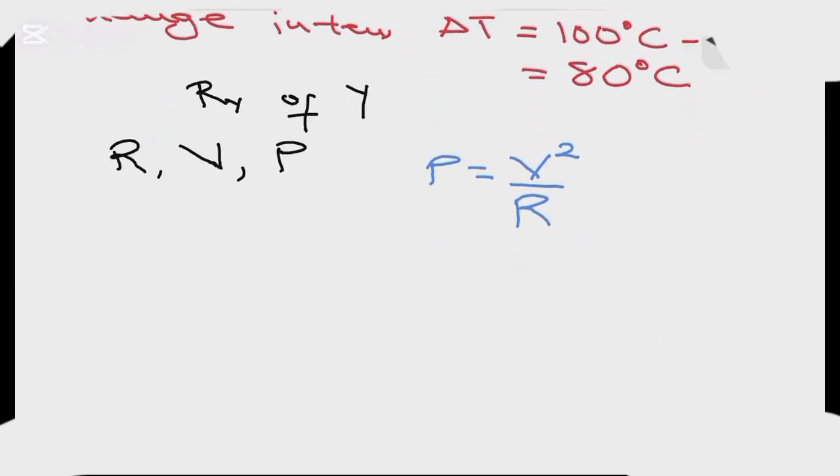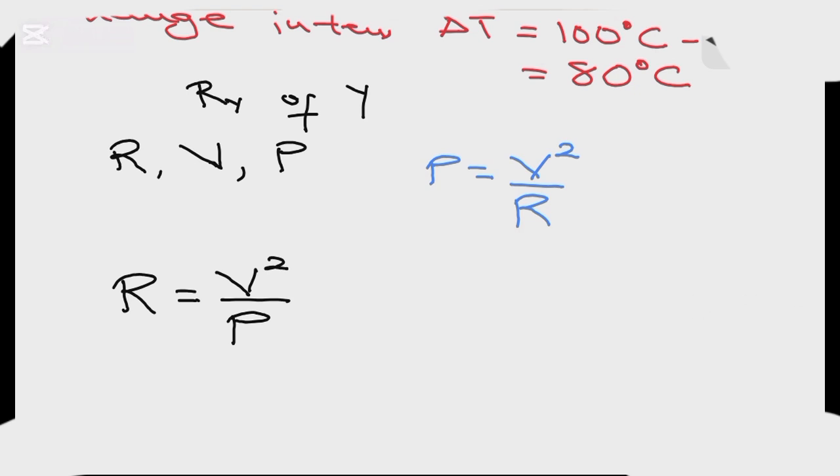So if I have this formula, R being equal to the square of the voltage supply divided by power, I can get the resistance I've been asked to find. But the problem here is the question is in two folds, as I mentioned, when Y was in the system and when Y was not in the system.